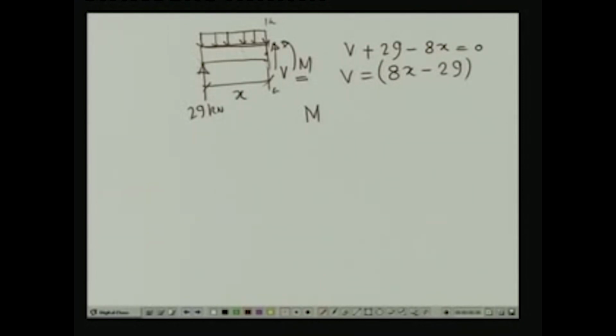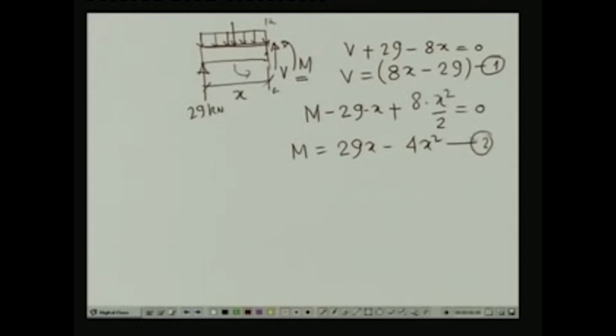Now, RA will cause a moment in the clockwise direction, so minus 29 into x, and the load will cause a moment in the anticlockwise direction, so plus 8 into x by 2, so 8 into x square by 2, equals 0. So, the bending moment equals 29x minus 4x square. This is the value of the shear force, and this is the value of the bending moment.